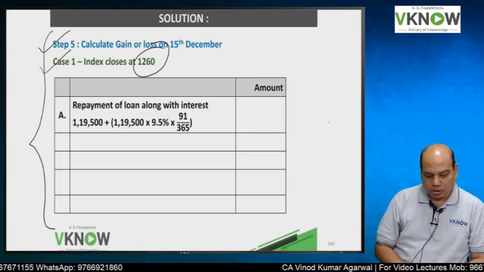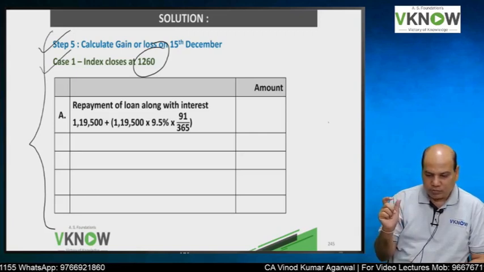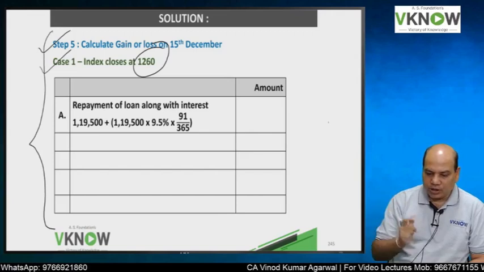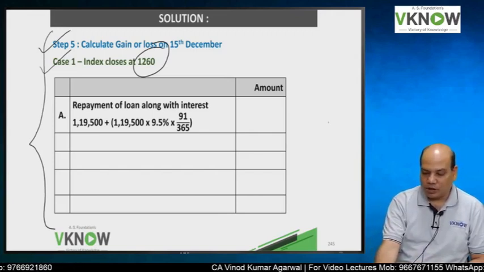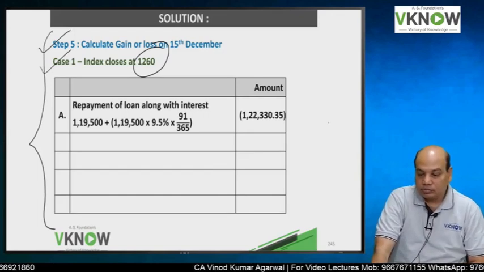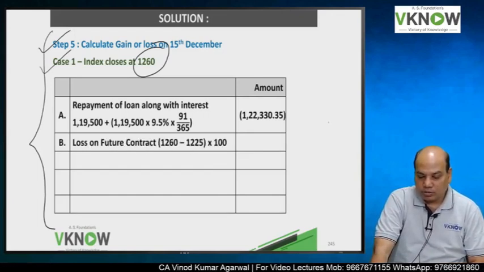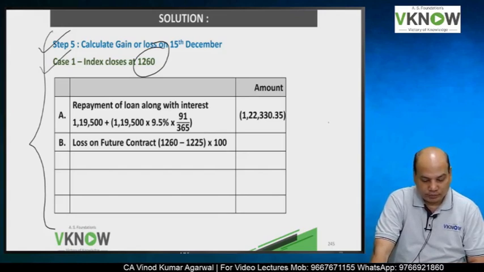You have borrowed 1,19,500. On that you compute interest at the rate 9.5% for 91 days. What is your final answer? Come on. 122,330.35. Very good.